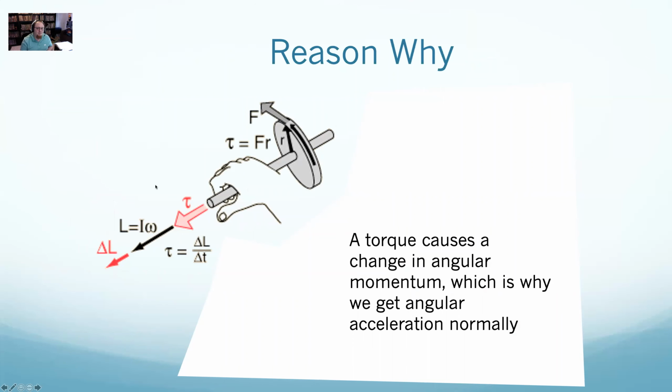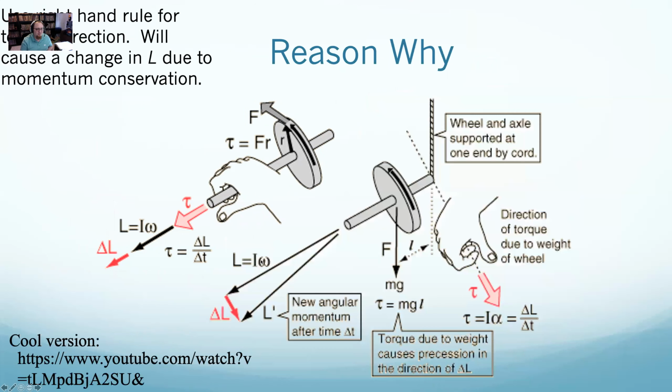Since the angular momentum is pushing perpendicular to the wheel, it's just going to cause it to spin in a circle. As I said, that really gets into something more complicated that involves a little bit of calculus, but I just wanted to show that idea.